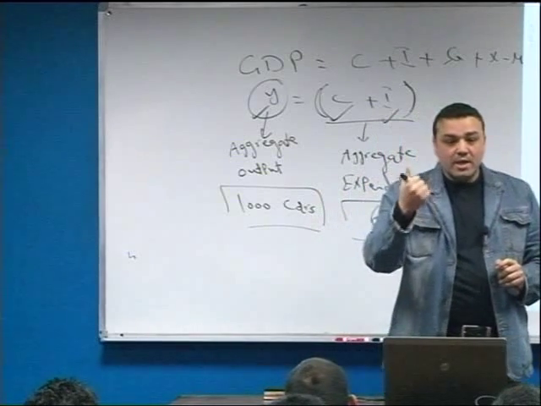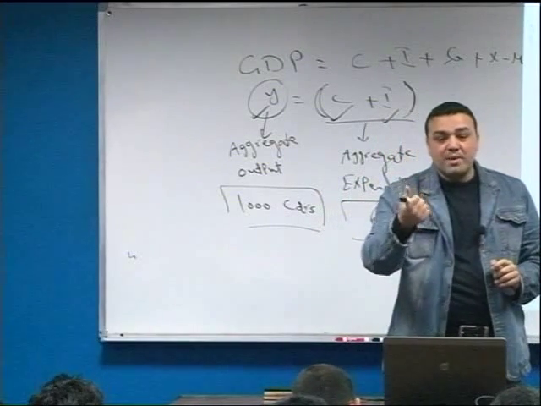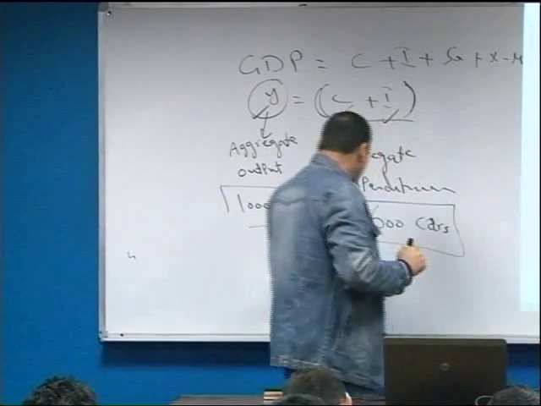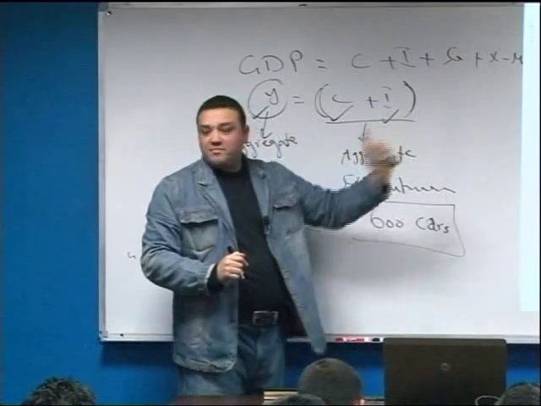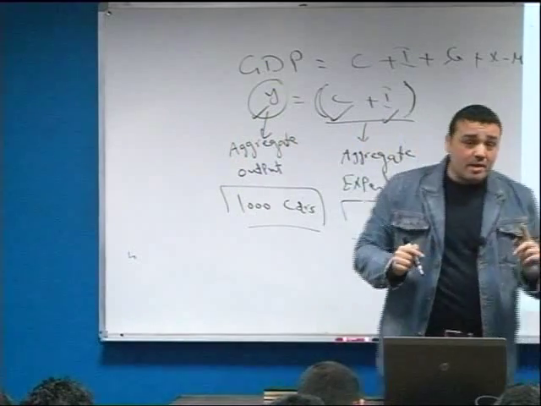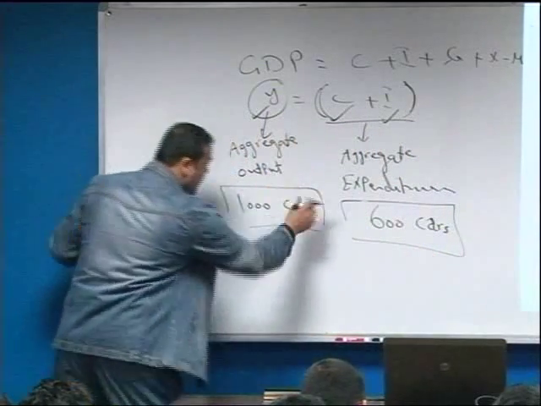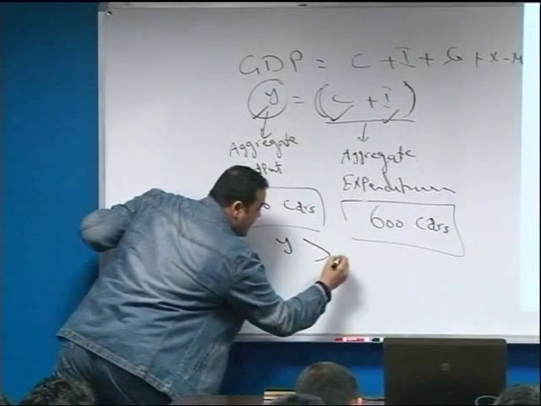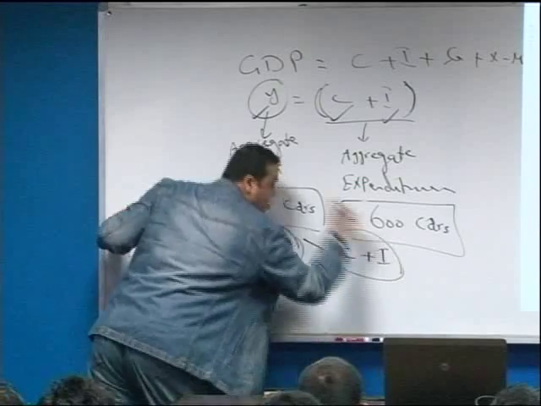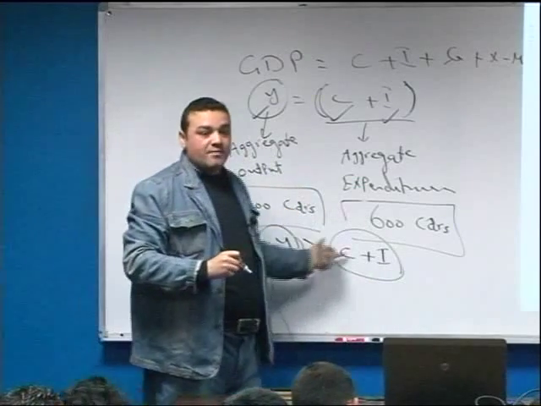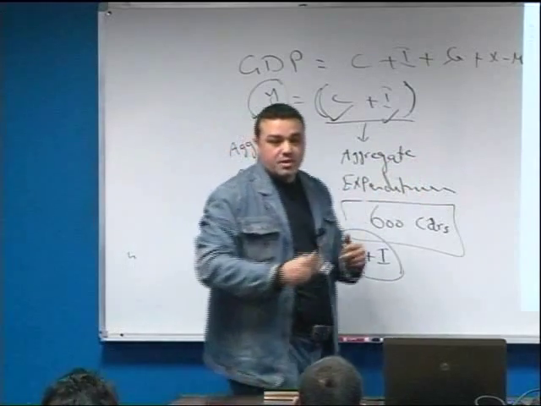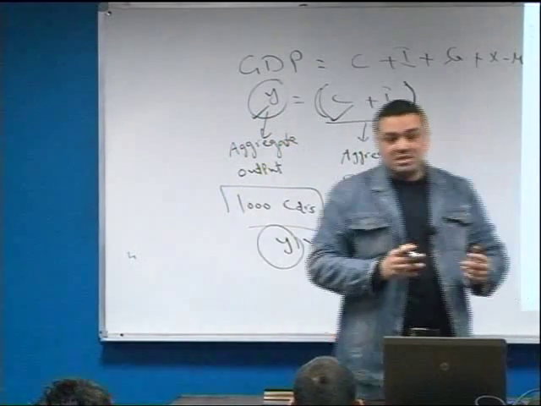So the unplanned change in business inventory would be positive, or would increase, right? Because the surplus of these 400 cars, where are we going to send them? To the inventory. Right or not? Okay, suppose that Y is larger than C plus I, or the aggregate output is larger than the aggregate expenditure or aggregate demand. So we have excess output or excess supply, so it will go to the inventory. So we have a positive change in business inventory.